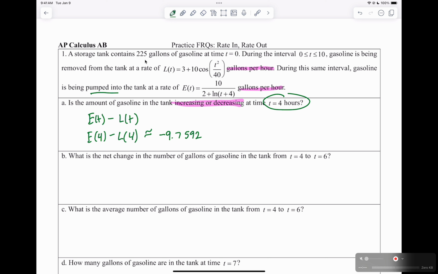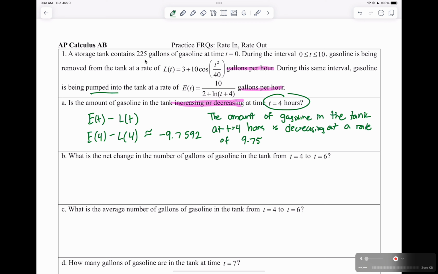Now, if it says justify your answer, you're going to say that the amount of gasoline in the tank at time t is equal to 4 hours is decreasing at a rate of 9.7592 gallons per hour.